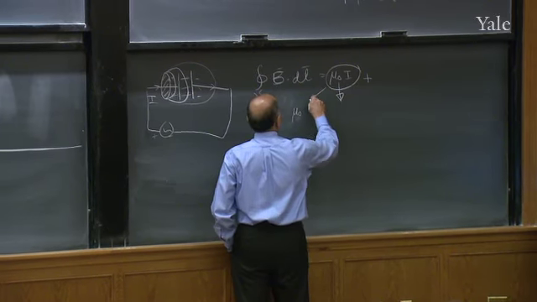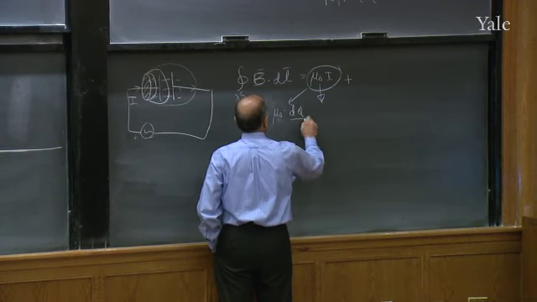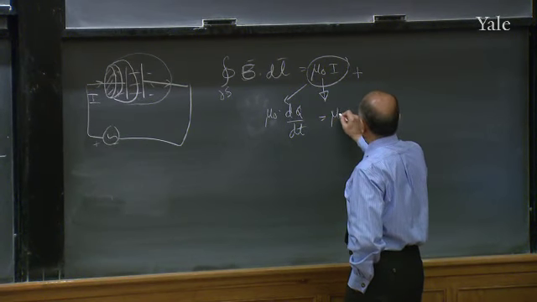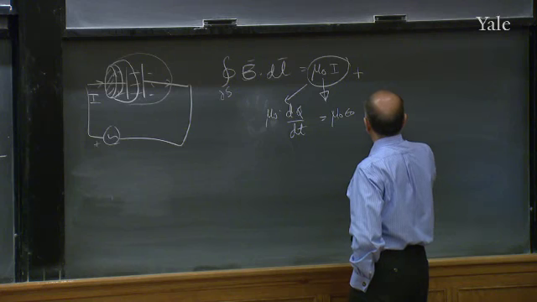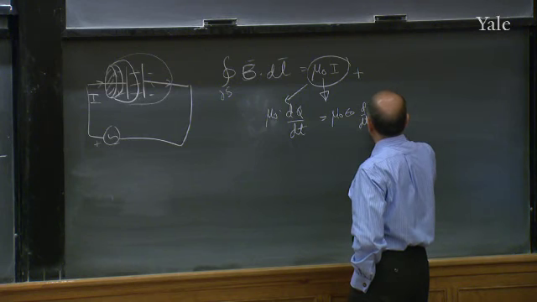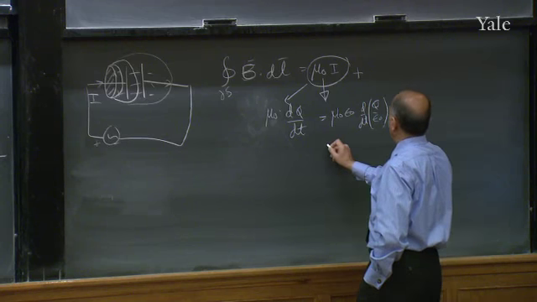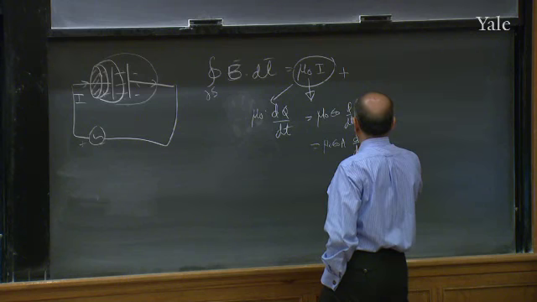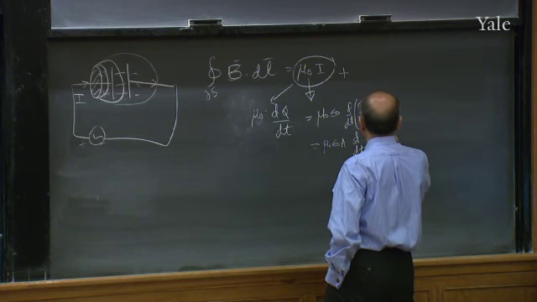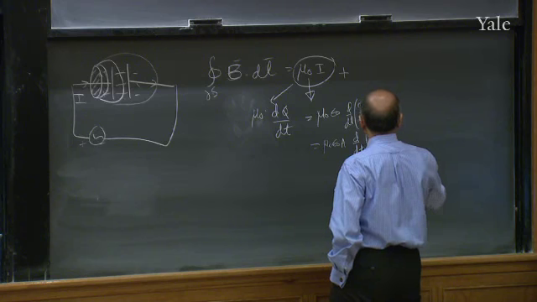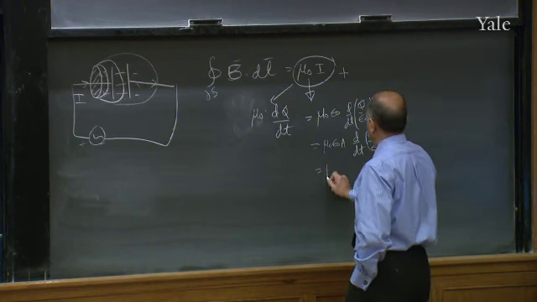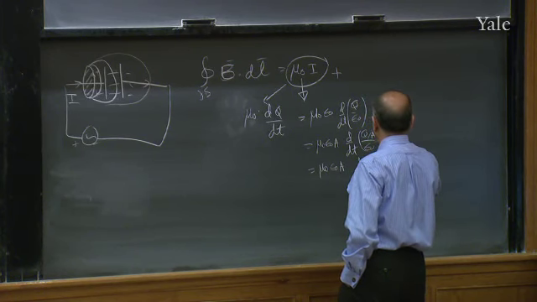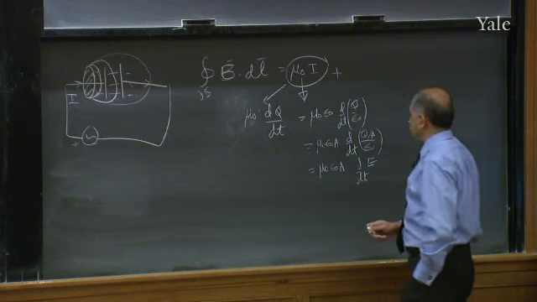So I'm rewriting the very same term. I is dq dt. Q is the charge in the capacitor. And let me write it as epsilon 0 d by dt of q over epsilon 0. And let me write it as mu 0 epsilon 0 A d by dt of q over A divided by epsilon 0. That is equal to mu 0 epsilon 0 A times d by dt of the electric field between the plates.